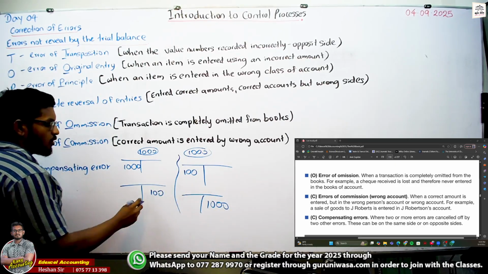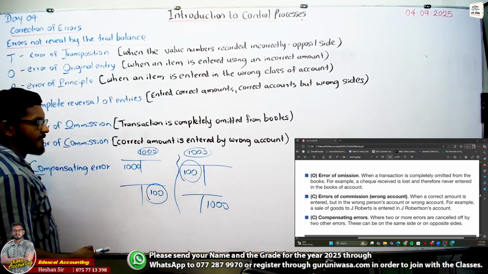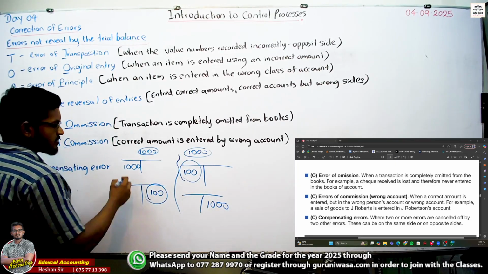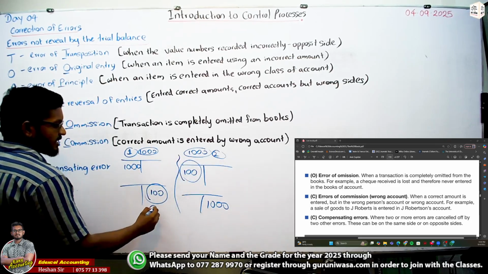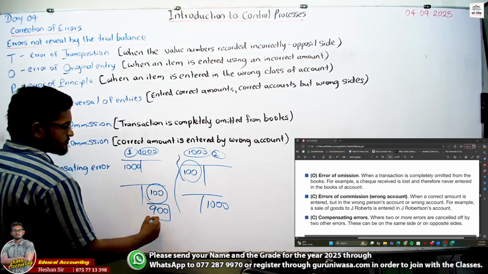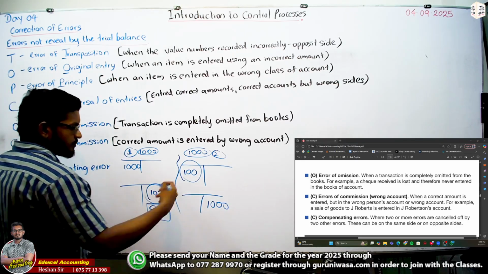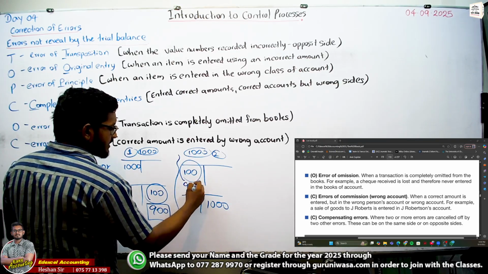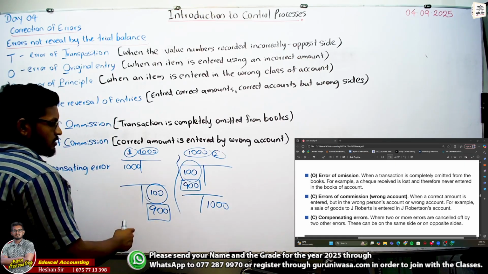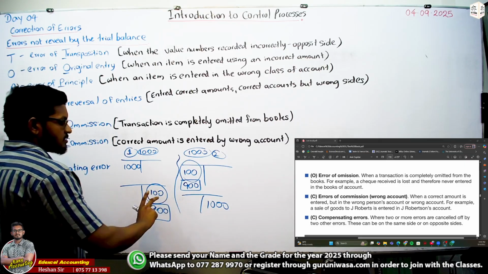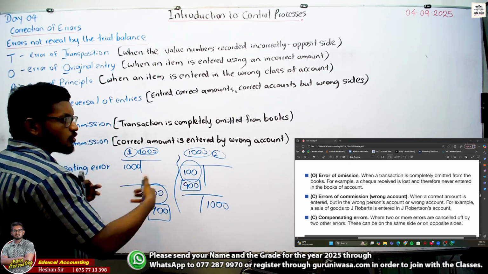The wrong is in this entry, and in this entry the wrong is here. Because of the first one, credit side is 900 deficit. Because of the second one, debit side is 900 deficit, which means both sides' deficits are set off.